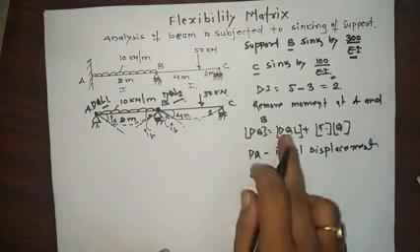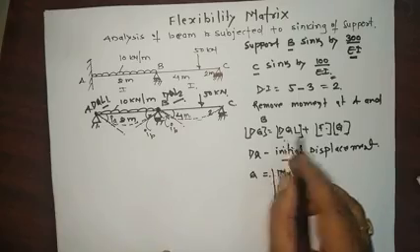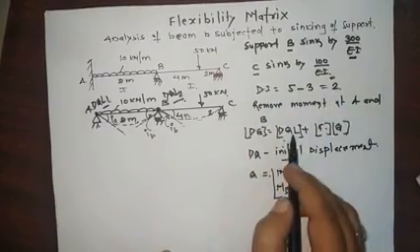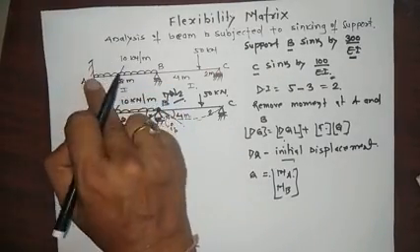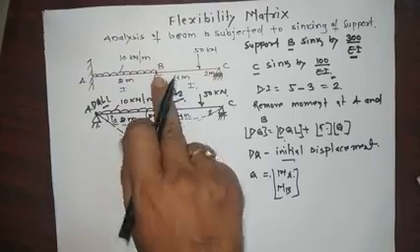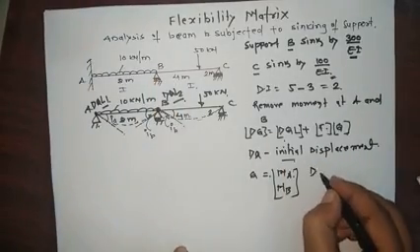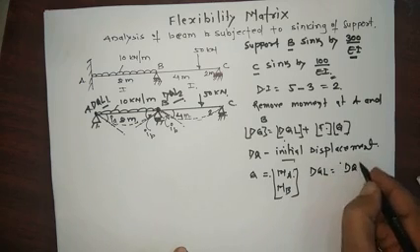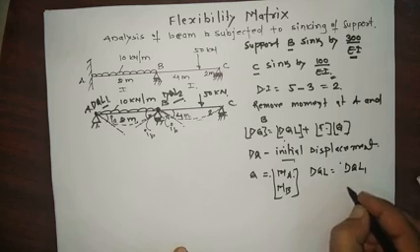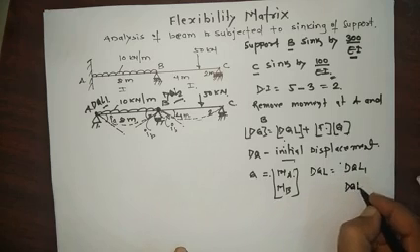Now we develop the DQL matrix. What is here? DI equals 2 means we have removed two forces, that is the moment at A and the moment at B. So DQL is DQL1 and DQL2.